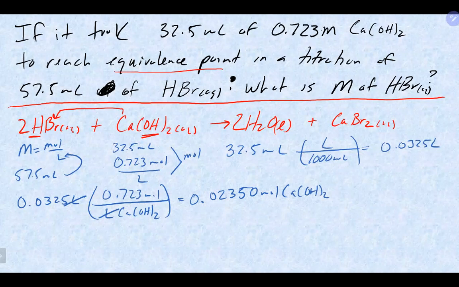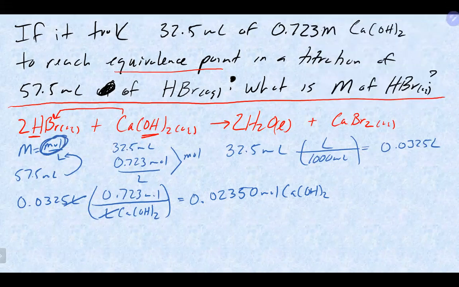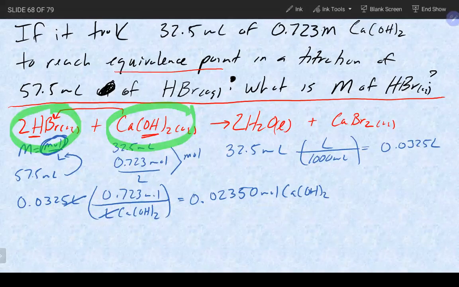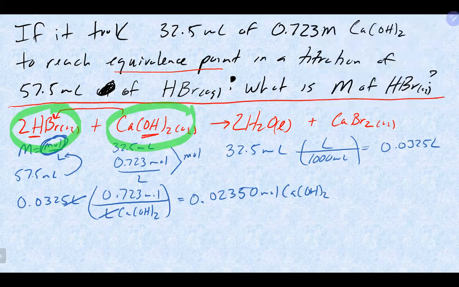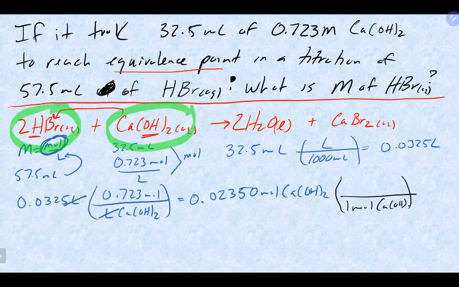We're not interested in calcium hydroxide because we do need to get over to moles of the hydrobromic acid. So that obviously is where the stoichiometry part comes into play. It is a 1-to-2 relationship from the balanced equation between those two. And if we do that, we're going to use 1 mole of Ca(OH)2 gives us 2 moles of HBr.